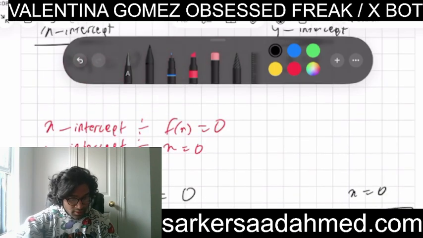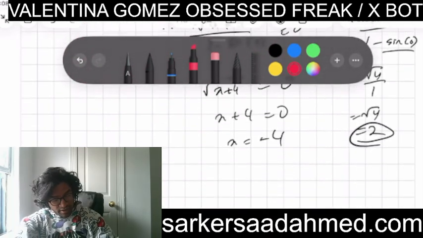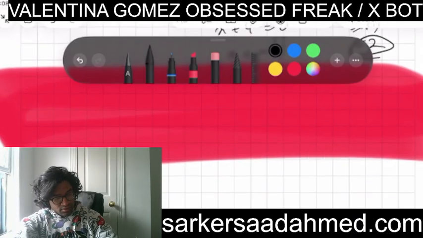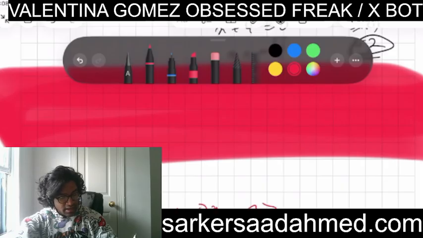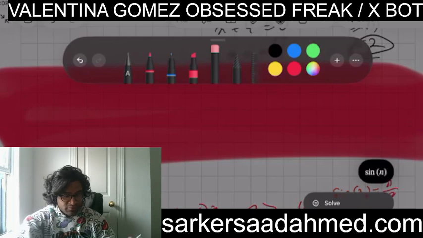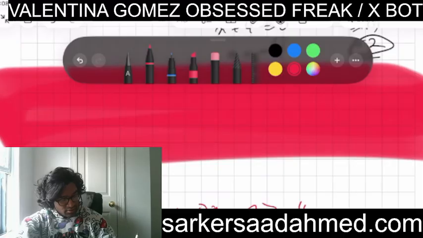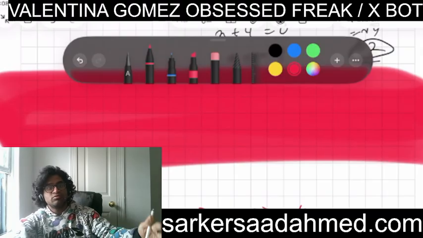Now, we got the x-intercept, we got the y-intercept, we got the domain. So far, what did we have? I'm just going to write: so far, we got the domain where x is greater than or equal to minus 4, right? And your x must not be equal to pi by 2 plus 1 whole cycle.